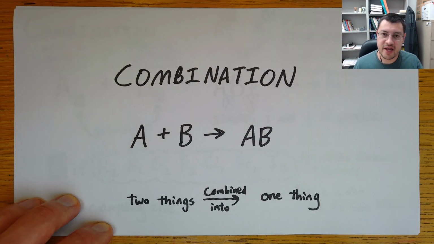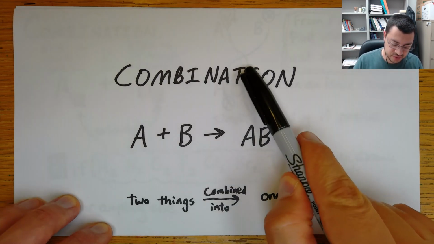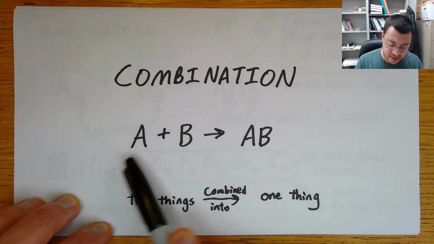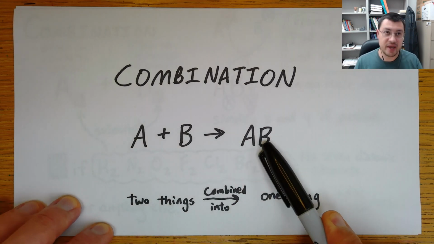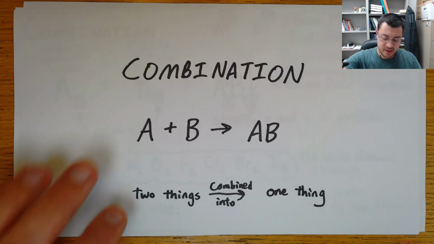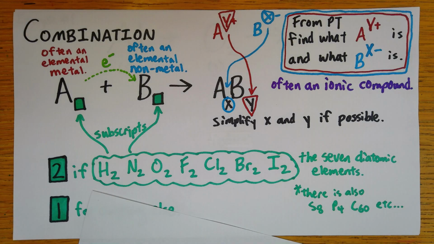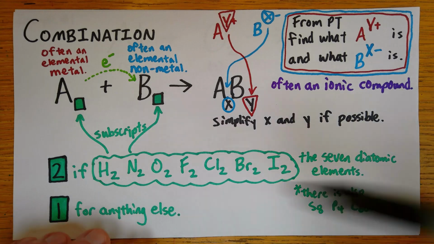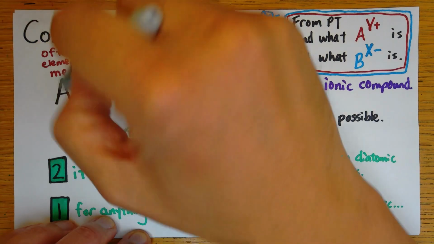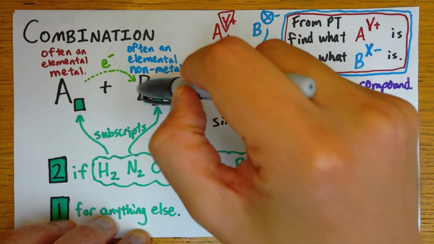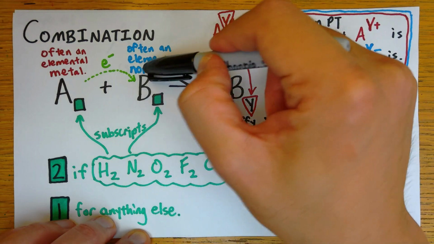Welcome. So today we're doing combination reactions, where you take two different things and you combine them together to make one thing. In a combination reaction, you will have some element, often a metal. You're going to react it with some other element, often a nonmetal.